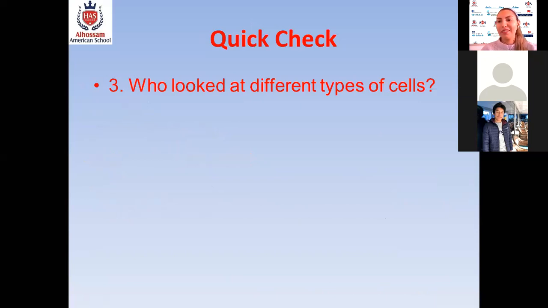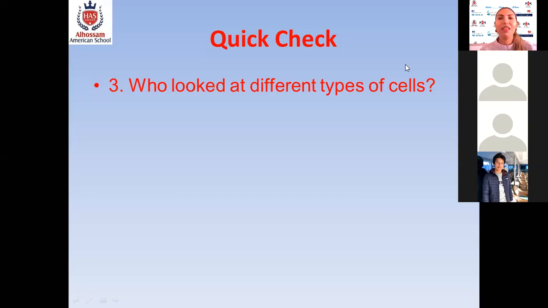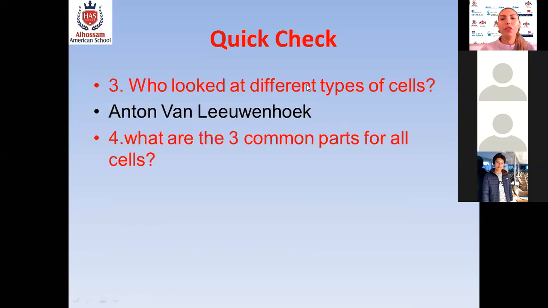Anton van Leeuwenhoek. Yes, thank you. Anton van Leeuwenhoek was the second scientist who looked at different types of cells like bacteria, blood, and yeast.